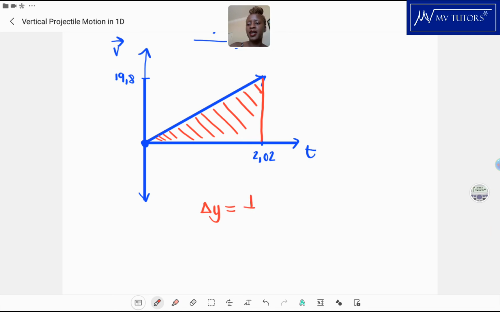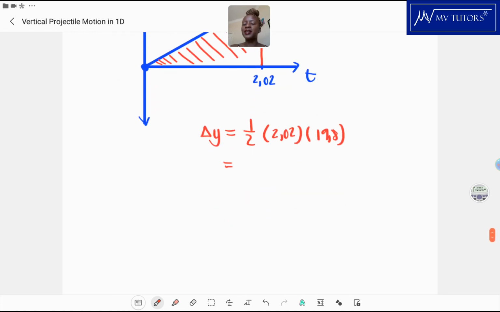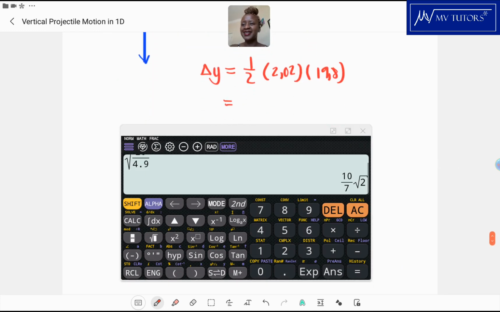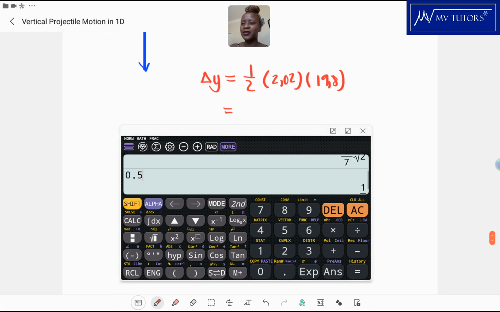It's a triangle, so it's half 2,02. That's the base, and the height is 19,8. And yeah, guys, you should be able to get 20 meters, right? So yeah, if you have 0,5 times 2,02 times 19,8.